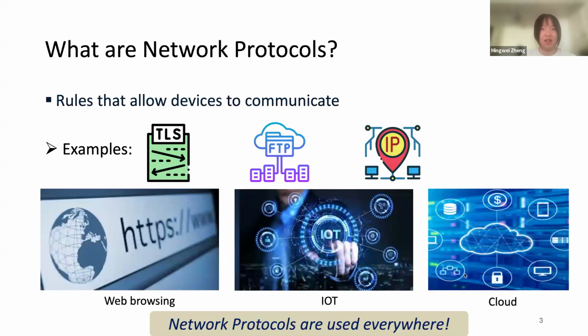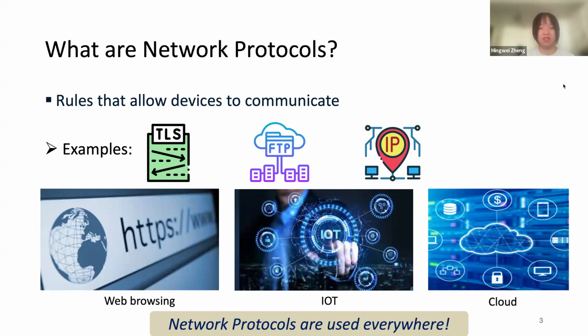Since we are trying to find functional bugs in network protocols, we first need to ask: what are network protocols? I guess the audience here probably already knows a lot about this, but this is to help anyone who doesn't have much context.